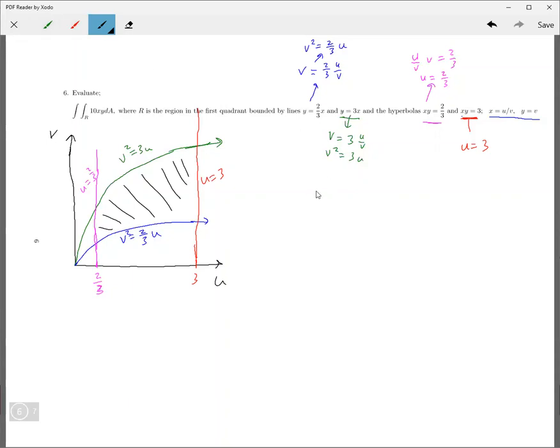Let's calculate the Jacobian. So what goes in the top here? The partial of x with respect to u is first, right? And what's that? 1 over v.